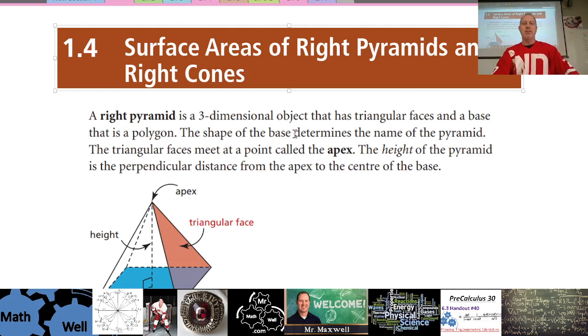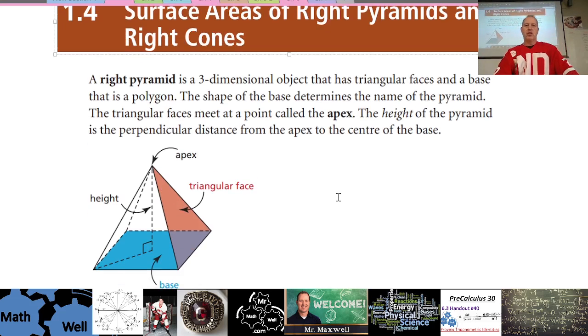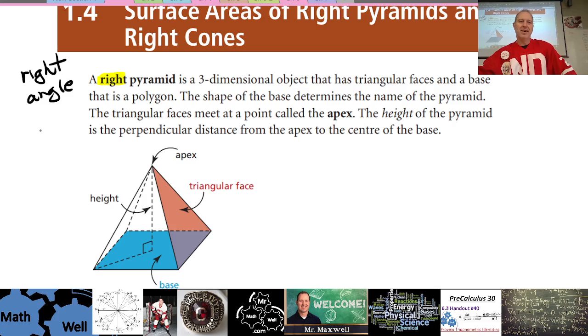What is a right pyramid? Okay, there are two parts to this term. First of all, right. If you don't know what right means, think about a right angle. A right angle is 90 degrees. That's like a vertical line and then a horizontal line. That's 90 degrees.